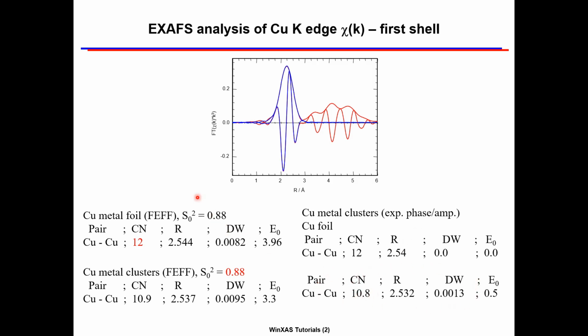On the other hand, the amplitude reduction factor was obtained from the copper foil spectrum and used in the subsequent refinement of copper clusters. Both approaches agreed very well and yielded a decreasing coordination number and distance and an increasing disorder.